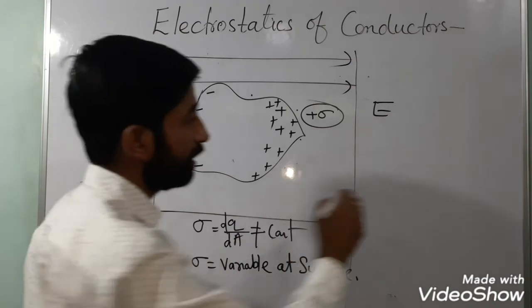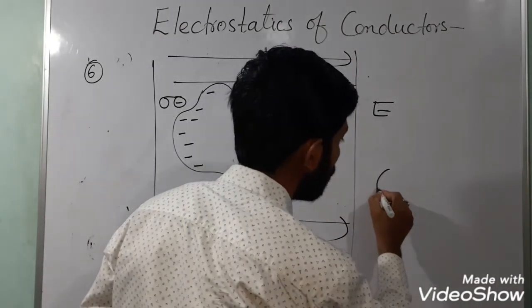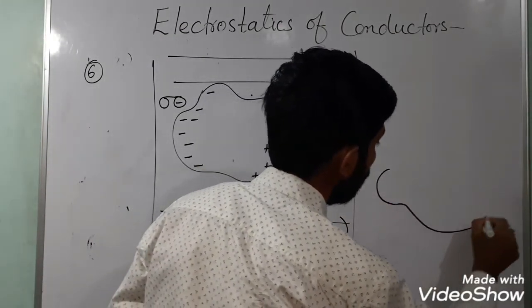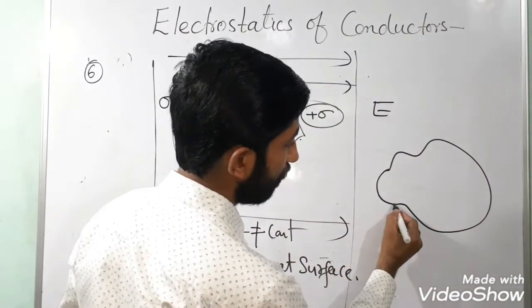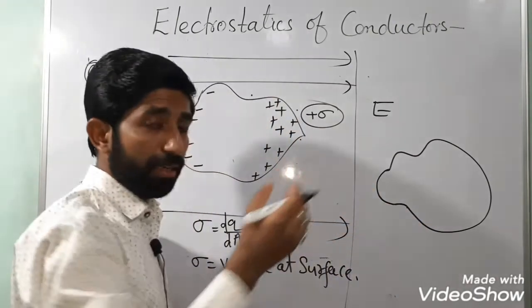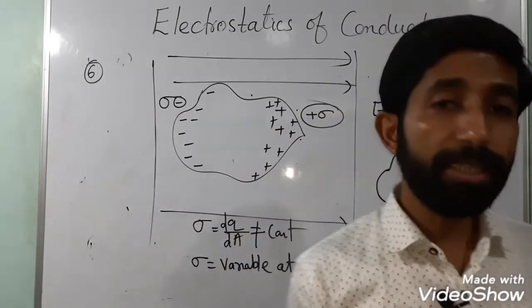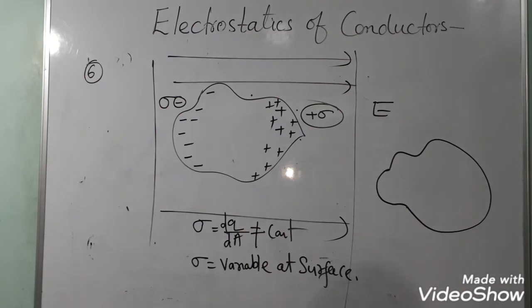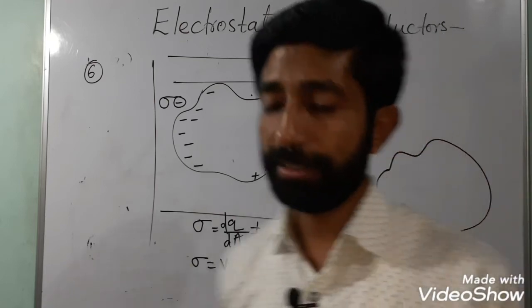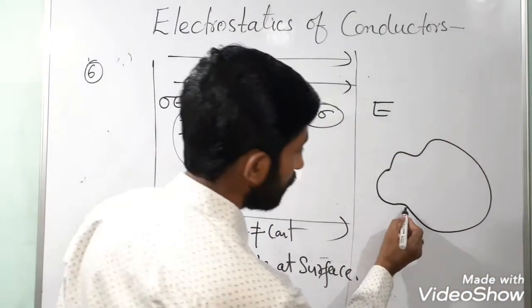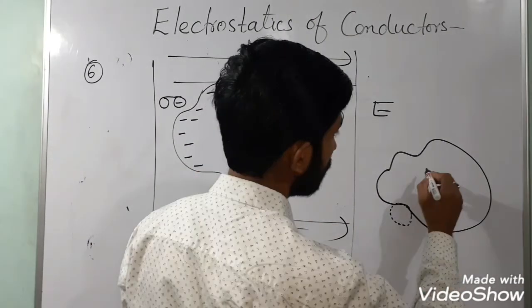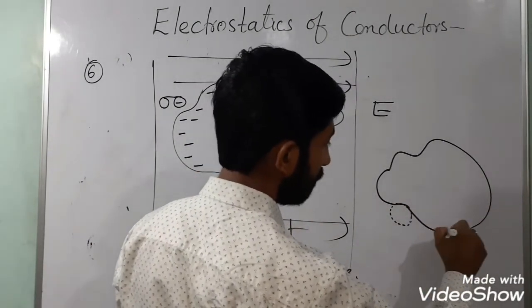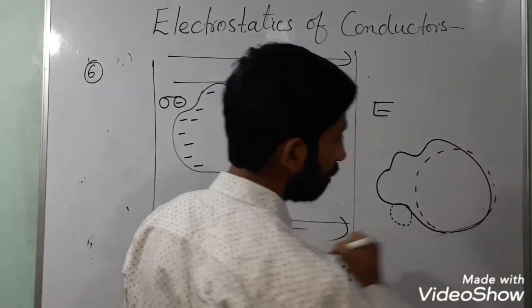One more thing that is important. Suppose the curvature of the body at any region is very small, say this part has a very low radius of curvature. This region can be a part of a small ball, and this region can be a part of another big ball.